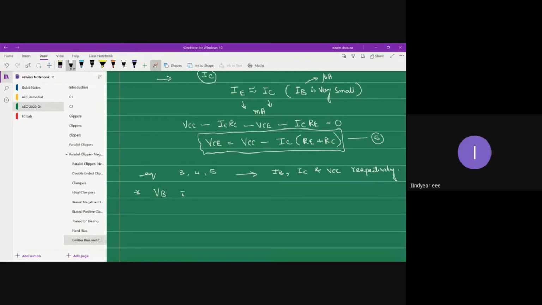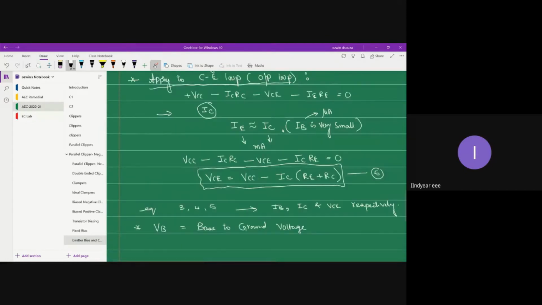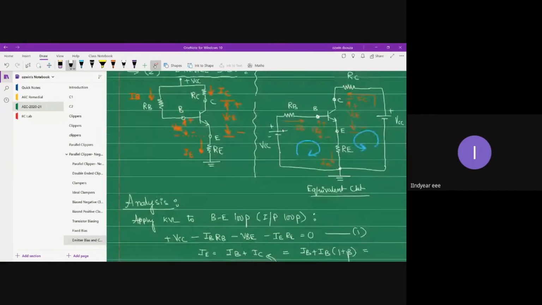What is VB? By definition, VB is base to ground voltage. Let us mark the base to ground voltage in our circuit diagram. This voltage is VB.